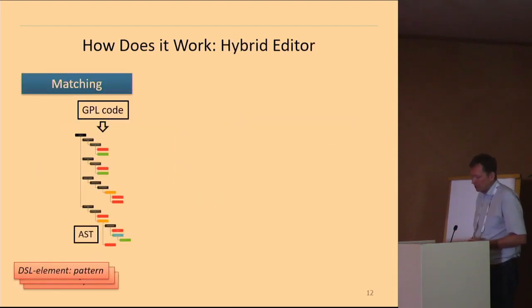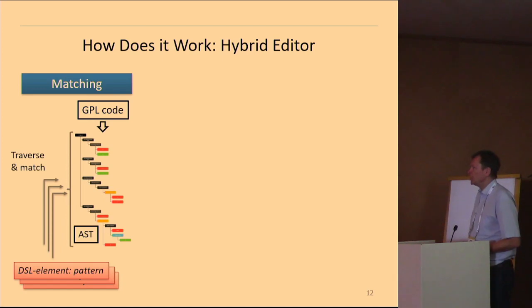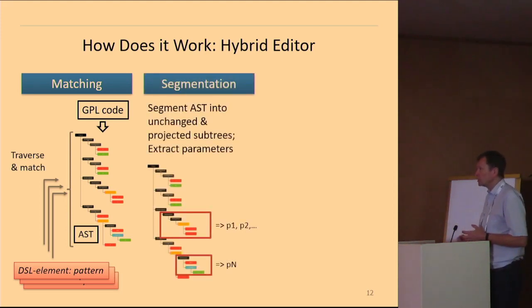The hybrid editor takes the source code in Python or JavaScript or any other language and tries to match the individual patterns in the source code during the editing. For each of such matches, we then extract parameters.